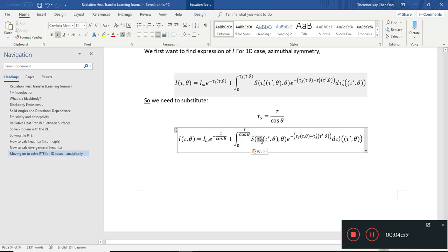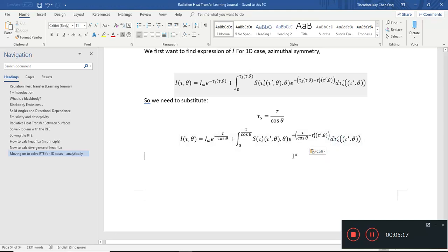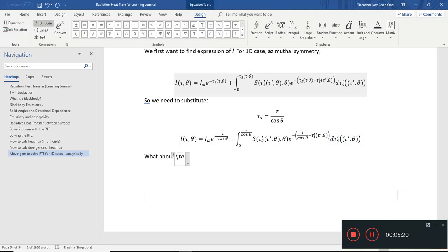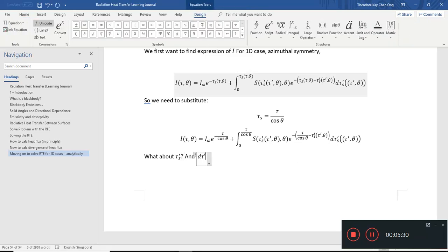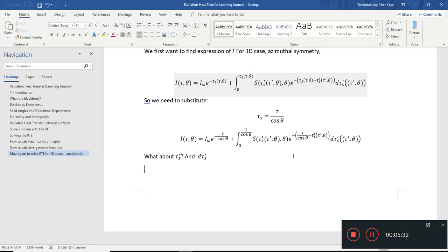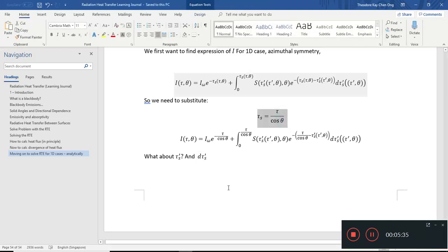This one we kind of leave alone, but we'll need to replace this tau s, becoming tau over cosine theta. What about this tau prime s, and d tau prime s? Again, it's not too difficult.